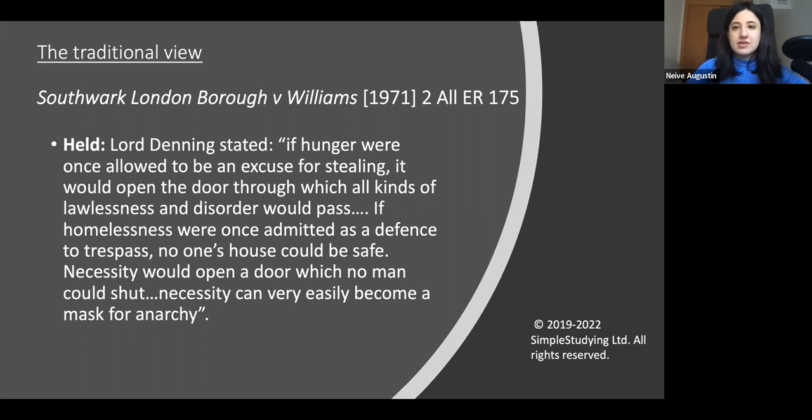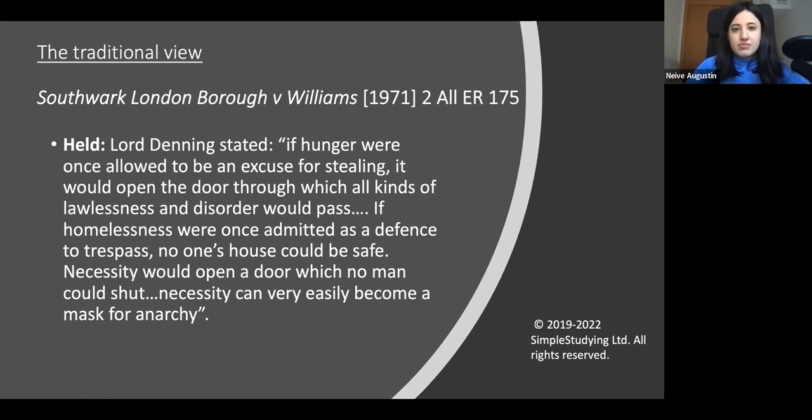In simple words, if necessity was an easily establishable defense, that could open doors to a lot of crime. A homeless person could say that they just needed a house to stay in, so it would be a defense to enter a house without permission.